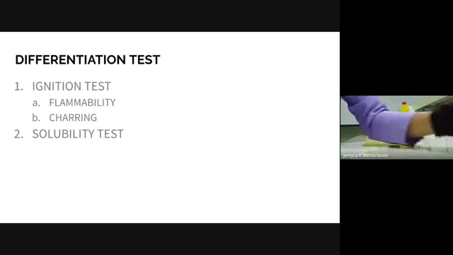How about cooking oil and naphthalene? We are going to use the other end of our stirring rod.